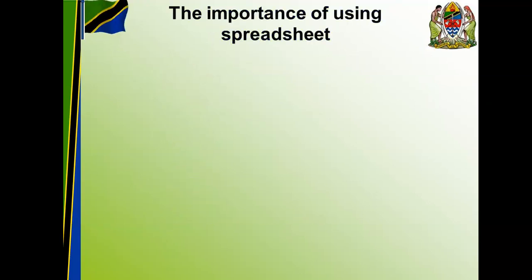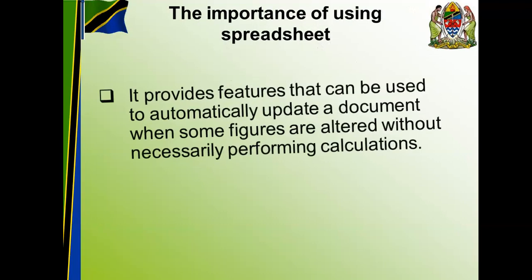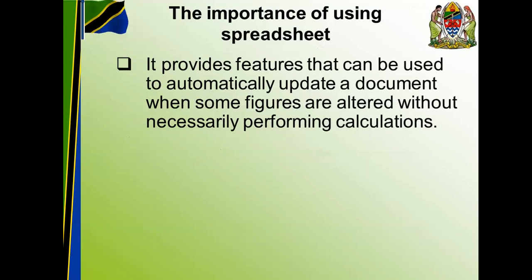So what is the importance of using spreadsheet now? The spreadsheet has many importances. First, it provides features that can be used to automatically update a document when some figures are altered without necessarily performing calculations. So this is one of the importances of using spreadsheet. So you can update different documents by using spreadsheet.